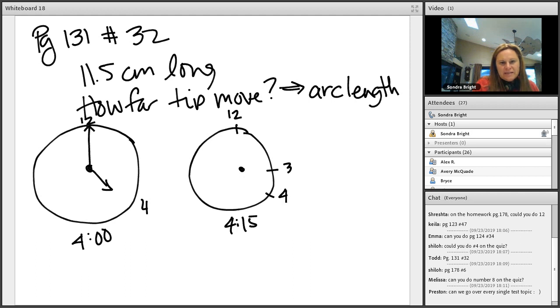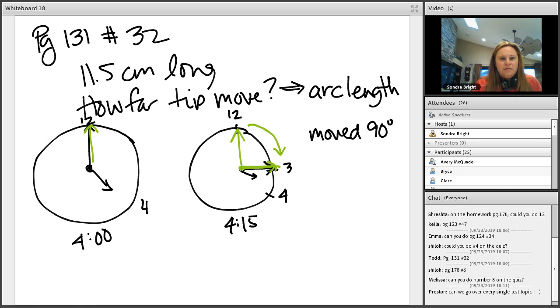Your minute hand is now pointing directly at the 3, and then the hour hand is like that. All right, so the minute hand went from pointing right at the 12 to pointing right at the 3. And so it has moved that far, which we know is 90 degrees. All right, so it moved 90 degrees.